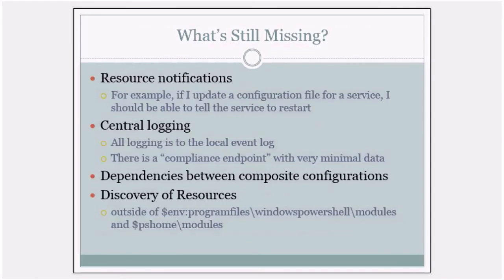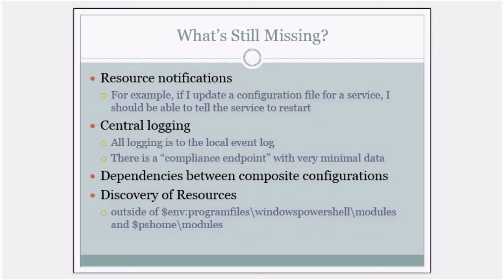So what are some of the things that I think are still missing in desired state configuration? One of the key concepts that you see in both Puppet and Chef is the concept of resource notifications.